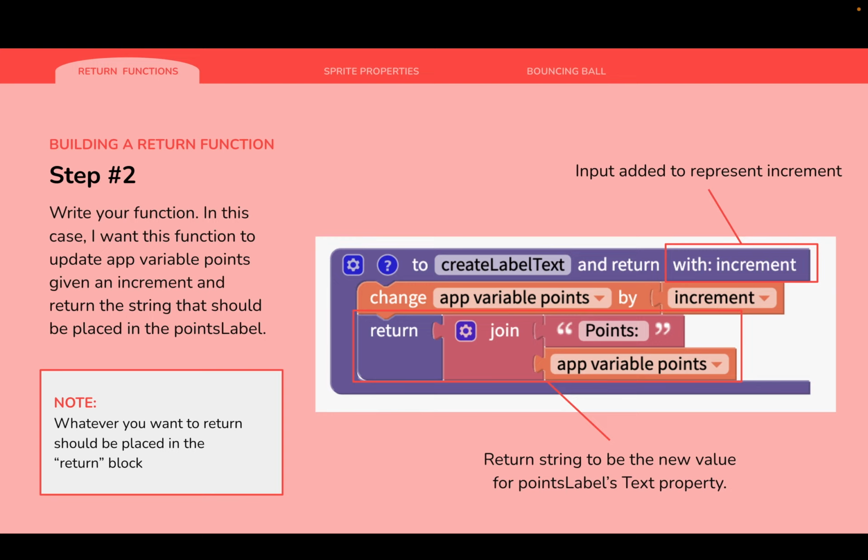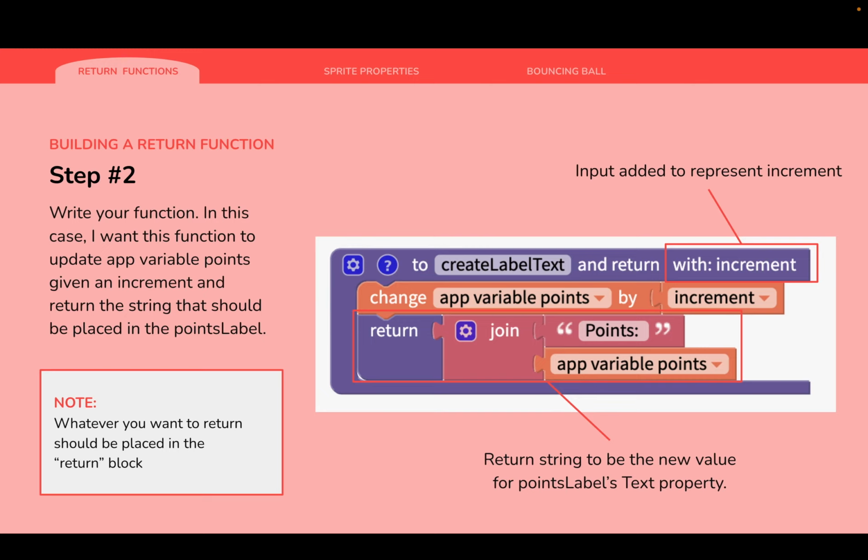So in order to do that first step of either incrementing or decrementing the global variable points value, I need to know whether it should be incremented or decremented. And so that's some additional information that the function needs in order to perform that task. And so when I have additional information that the function needs to do its task, that's an indicator that this function might require an input.